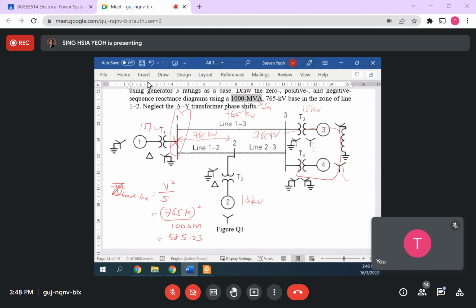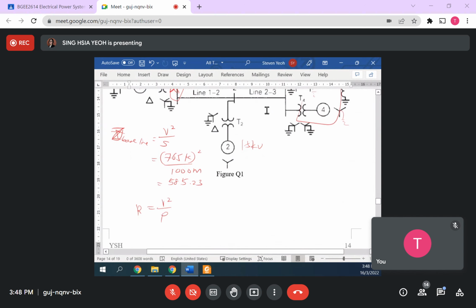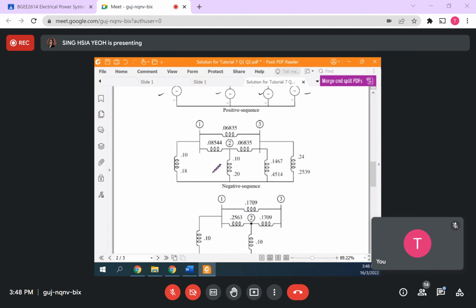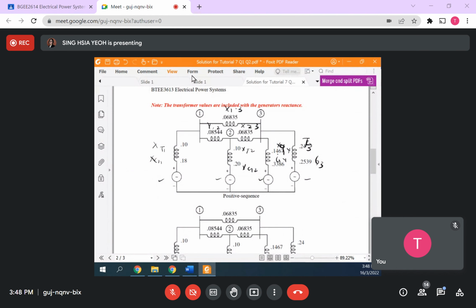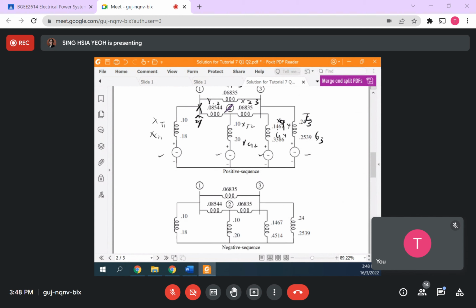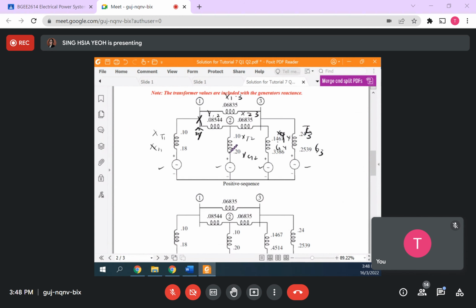So when your fault is here, you need to find out what you need to do next after you draw this diagram. What you need to do is find the Thevenin equivalent. Your eye needs to look inside here. This one is a T, so you need to use a T to pi transformation. Then short everything off, short the voltage source.